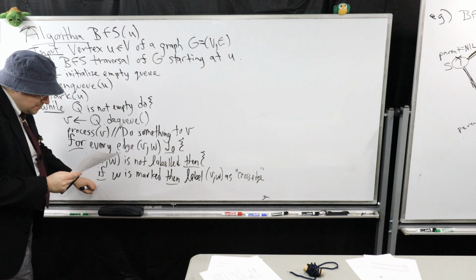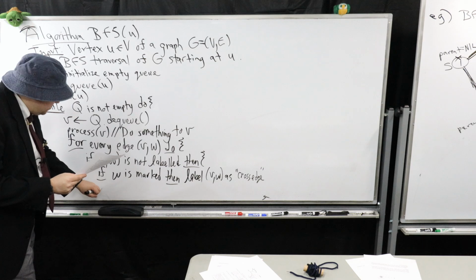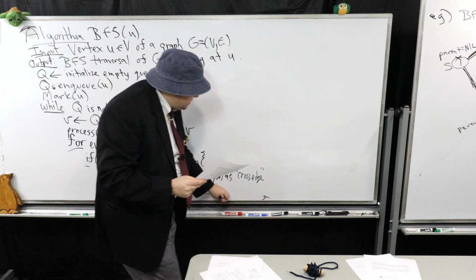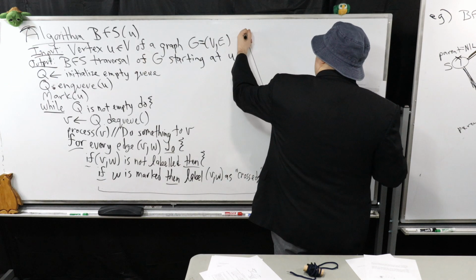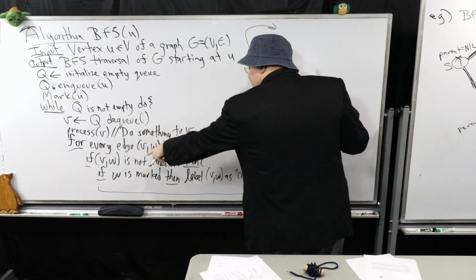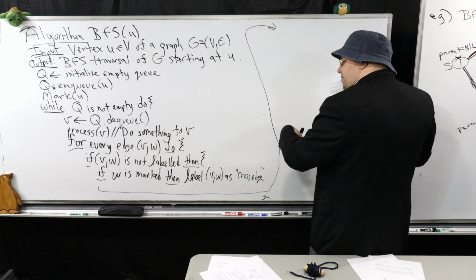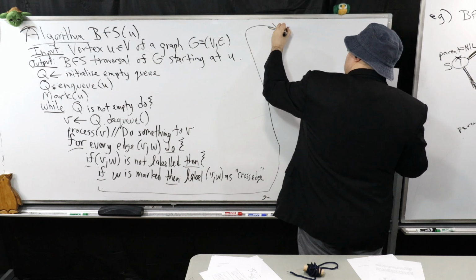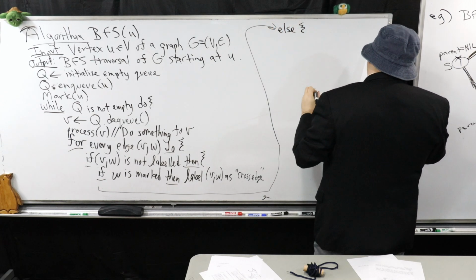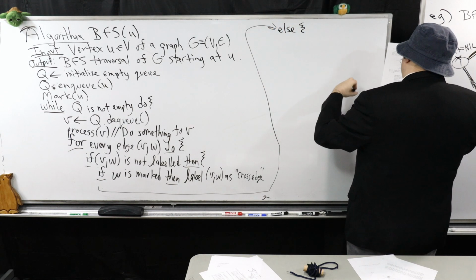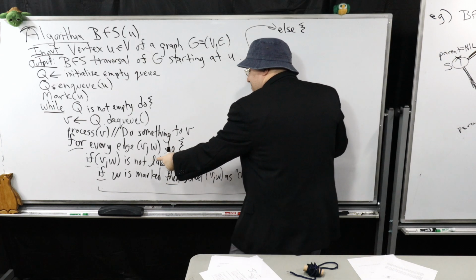Otherwise, now, just to make this easier for us, because this is the last little bit of the algorithm, I'm going to throw it up here at the top. So this is going to start right below that if statement. So it's going to be after the if statement, we're going to have else. So this would be the else for that if statement.